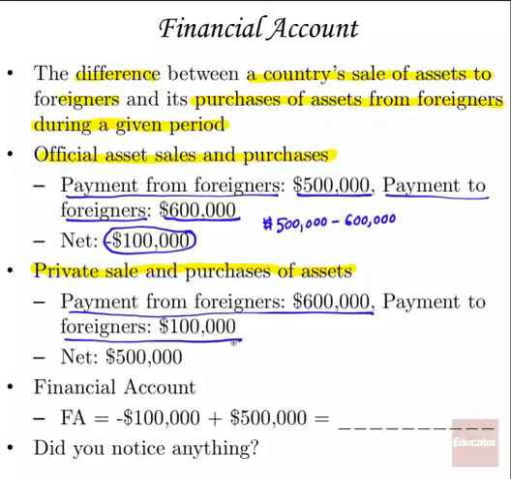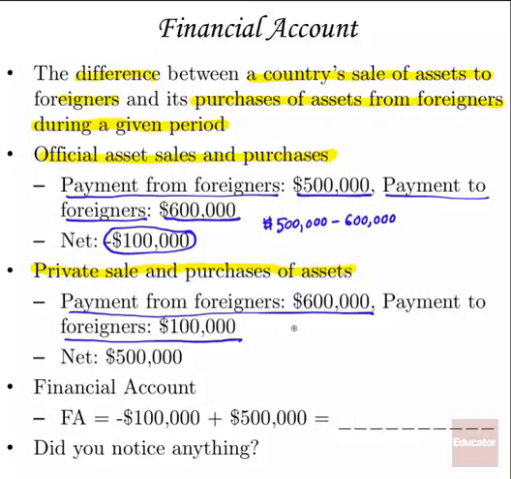Let's say Dodger Stadium is up for sale, and it is purchased with proceeds from a citizen outside the country. Then money is coming in in that case. Whereas payment to foreigners would be an example of a United States citizen going to Japan and buying property in Japan. If we have a mismatch, then the difference is the net private sales and purchases of assets.